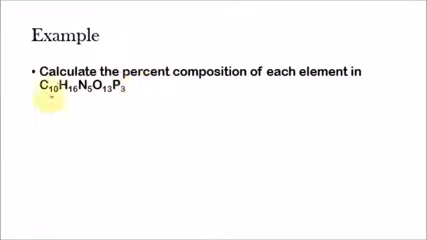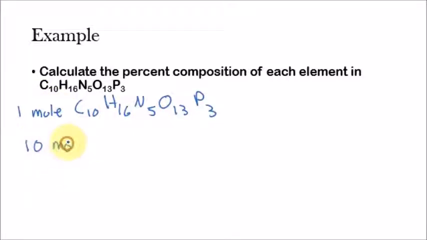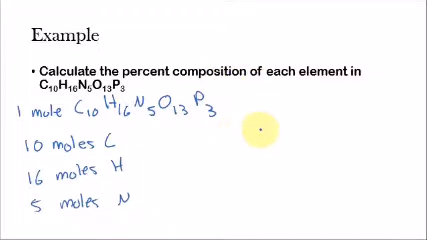Okay, so we know, again, if you look at 1 mole of the compound C10H16N5O13P3, this is a very complex molecule, we know we have 10 moles of carbon, 16 moles of hydrogen, 5 moles of nitrogen, 13 moles of oxygen, and 3 moles of phosphorus.